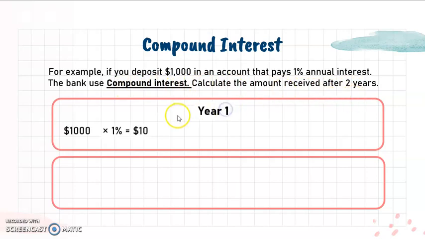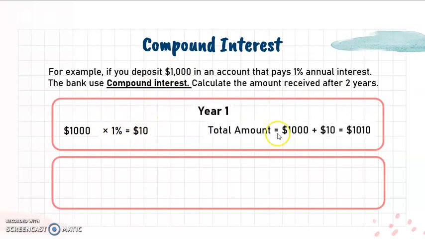So in year 1, let's use the $1,000 deposit, multiply with the interest rate, the interest you get is $10. And the total amount you'll get is $1,010. Okay, for year 2, instead of using the same deposit, you use the total amount of year 1, which is $1,010, multiplied by the interest rate.